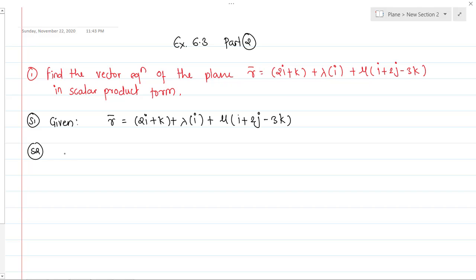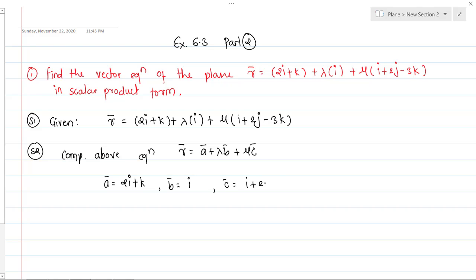Second step is to compare the above equation with the standard one, where the standard equation is r bar equals a bar plus lambda b bar plus mu c bar. After comparing, a bar is 2i plus k, b bar is i, and c bar is i plus 2j minus 3k.